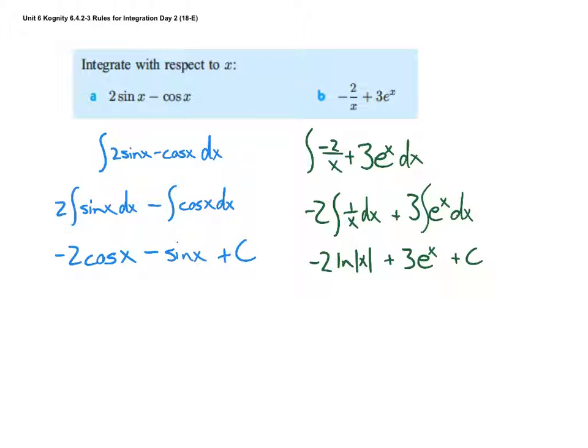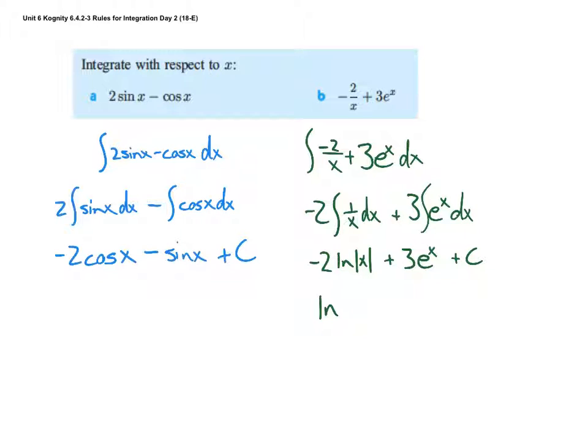But the other thing is simplifying these. You know your rules for logarithms, right? What could I do with this -2? Put it as like an exponent. Yeah, I could write that in as an exponent.